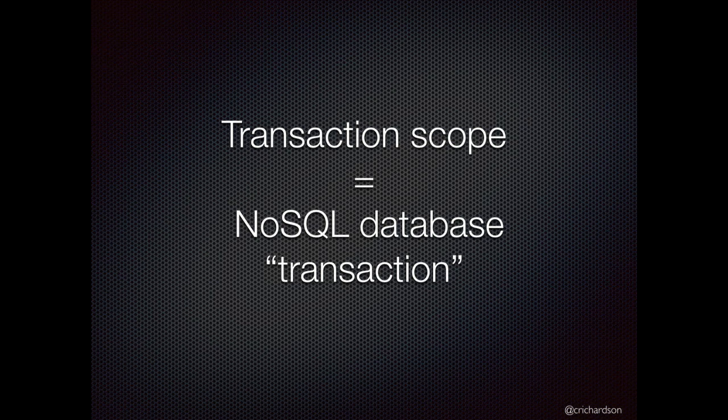And not only that, this model exactly fits the capabilities of a NoSQL database where you do not have arbitrary transactions. In fact, another term for some NoSQL databases is aggregate stores because, for instance, a MongoDB document would be an aggregate, and so a transaction which updates one aggregate would just update one MongoDB document.